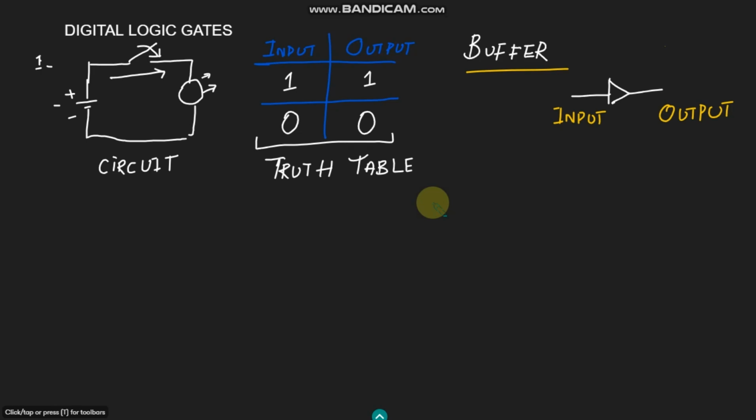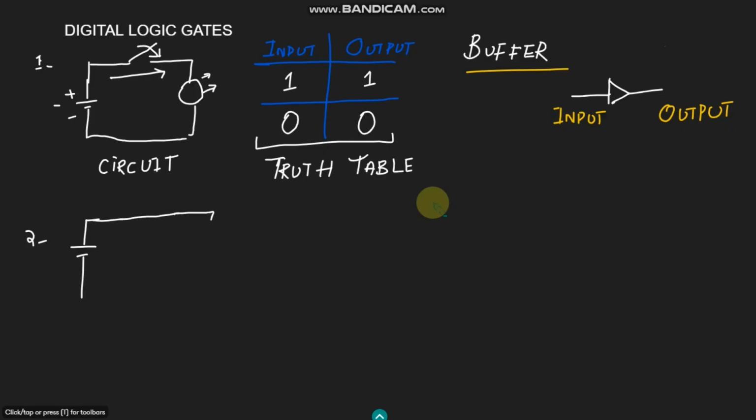Similarly, we have another very important circuit. Instead of just writing the name of it, let me first draw a circuit diagram and show you the concept of what will happen.